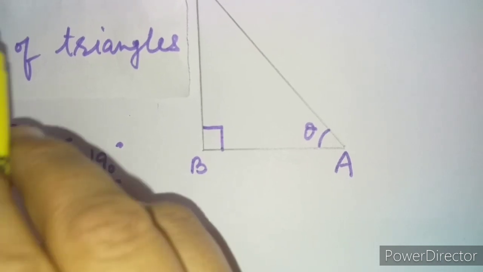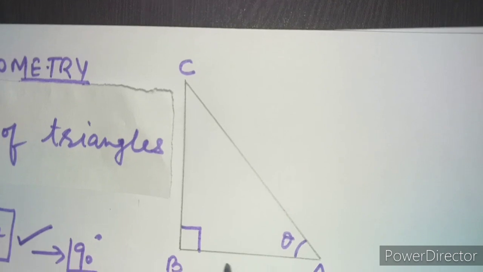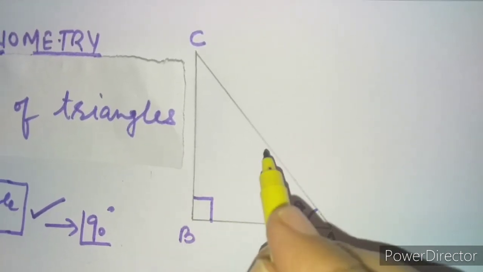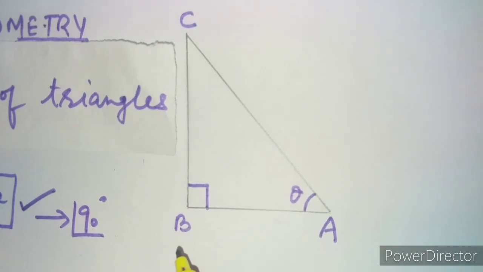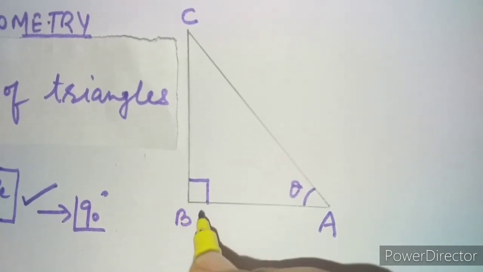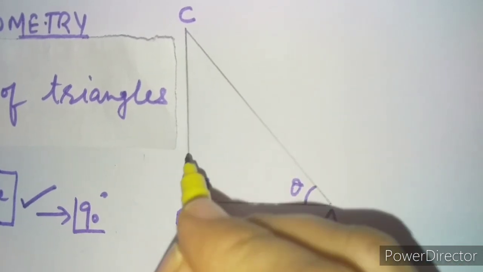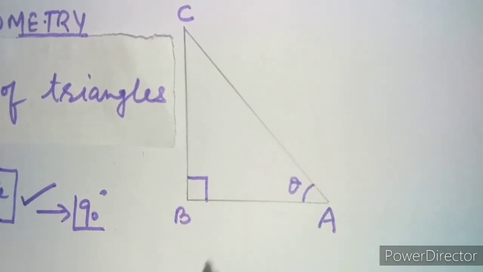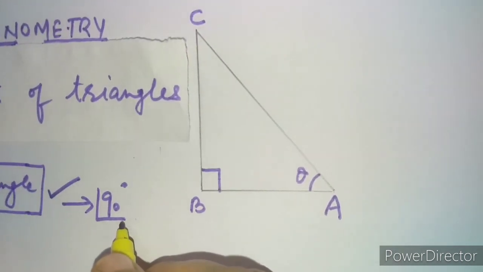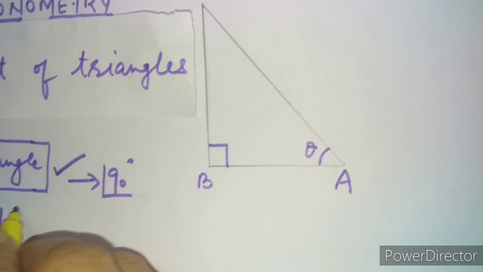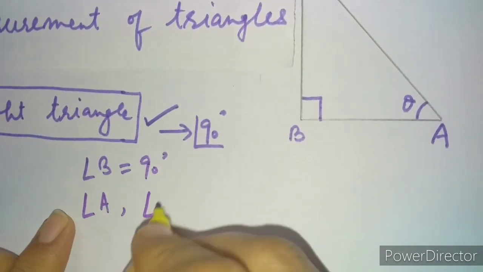It means trigonometry deals with the measurement of the three sides of a right triangle plus the angles contained in it. One angle is 90 degrees, so we are concerned with the other two remaining angles plus the three sides. Clear? I write here angle B is equal to 90 degrees. Then what about angle A and angle C?